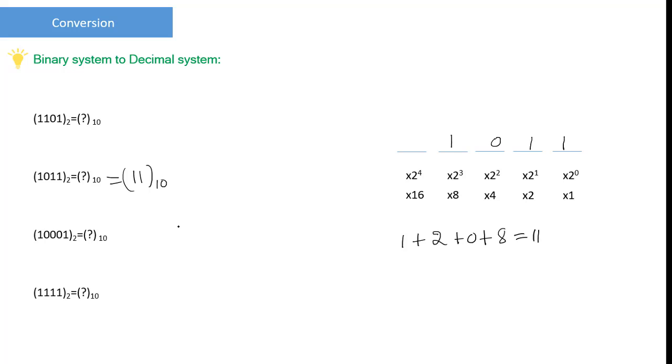Now moving on to the next question, we have 10001. So 1 times 1 is 1, 0 times anything is 0, so we have 0 plus 0 plus 0, plus 1 times 16 is 16. So 16 plus 1 is 17. So our answer is 17.